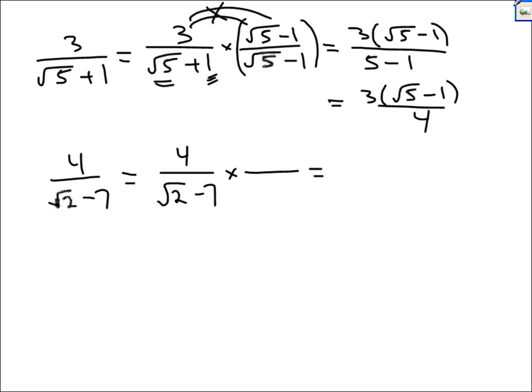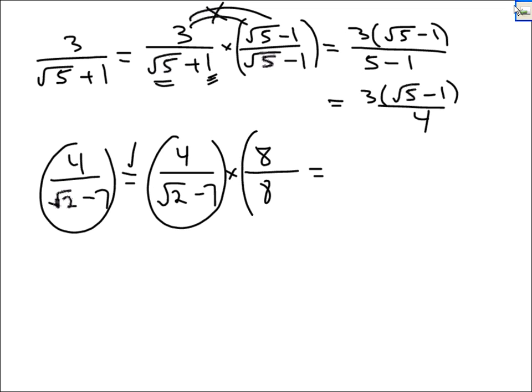Now, if you wrote 8 over 8, I would put a check mark there, because this number is equal to itself times 1. The only thing is that multiplying by 8 in the bottom isn't going to get rid of the radical. But nonetheless, if your equal sign is right, I can't say, nope, that's wrong. It's just the wrong representation of 1.